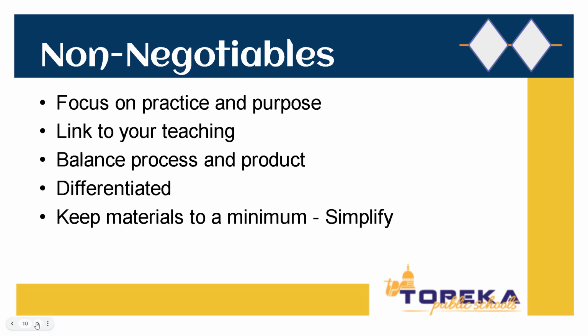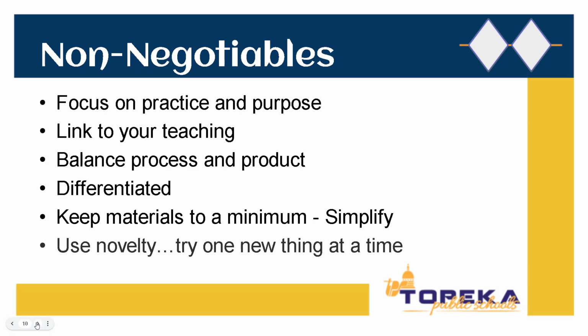Also, keep your materials to a minimum. Simplify wherever you can. And finally, think about how you can use novelty. If you're going to try something new in literacy workstations, remember, start slow and build. Try one new thing at a time, and when students are proficient, build to the next one.